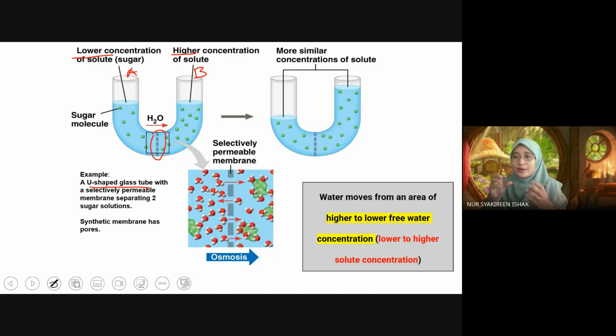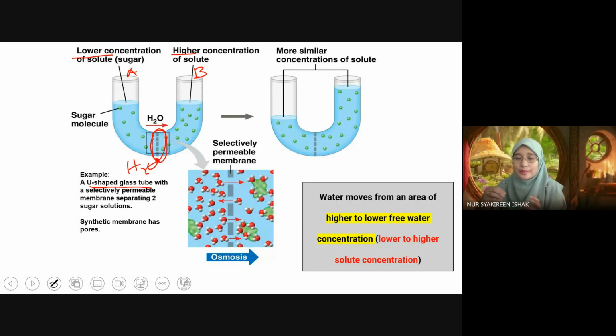What was the rule just now? Water will move from the lower solute concentration to the region that has higher solute concentration. So a U-shaped glass tube with a selectively permeable membrane separates two sugar solutions. It is separated by a membrane that has pores, selectively permeable. Why? Because it only allows water to move. It doesn't allow sugar to move.